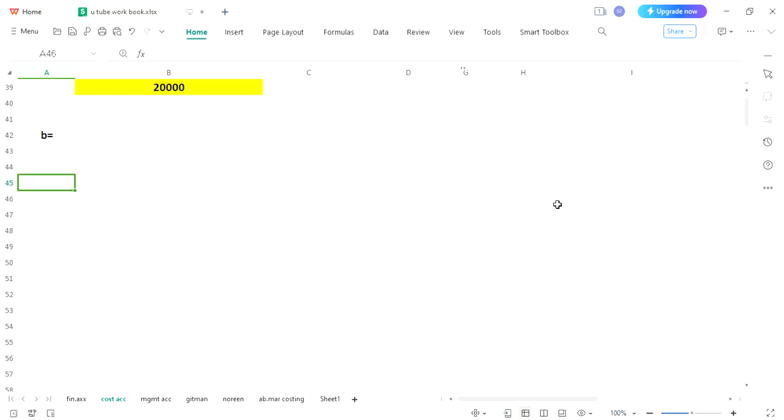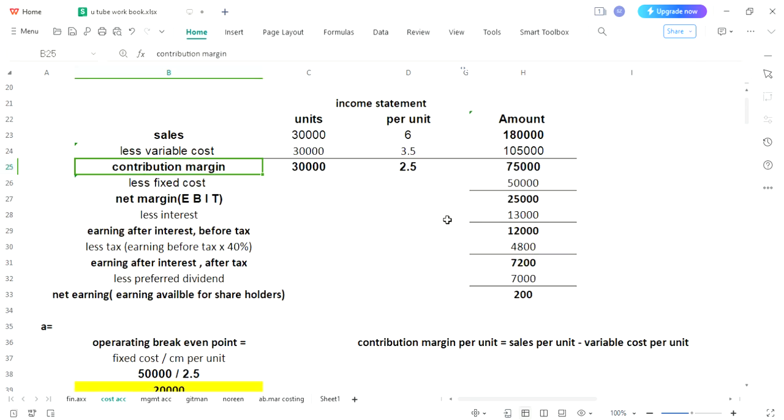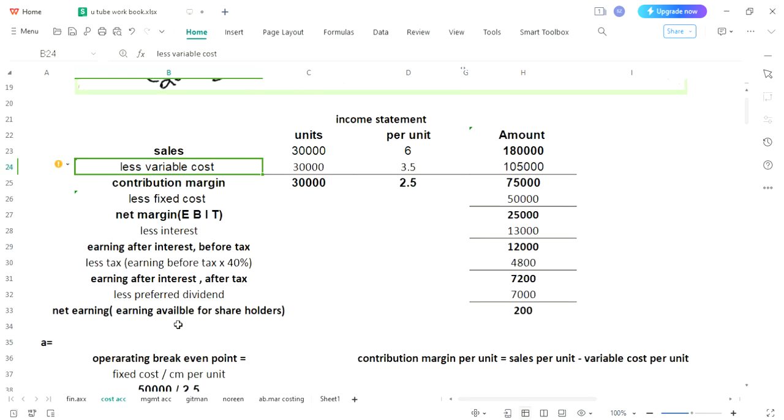We will just mention over here EBIT is equal to 25,000, and this was calculated over here. Net margin or EBIT 25,000, and second requirement was to see earning available for common shareholders. Look over here, earning available for common shareholders is 200.